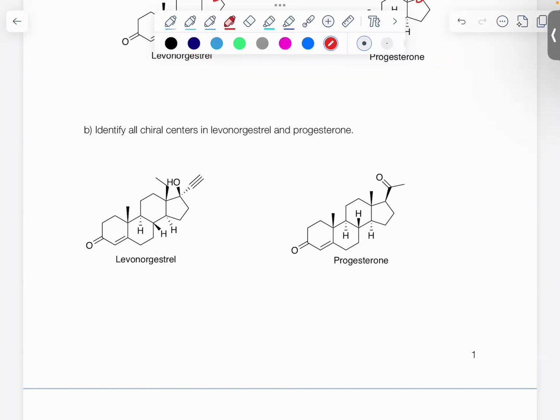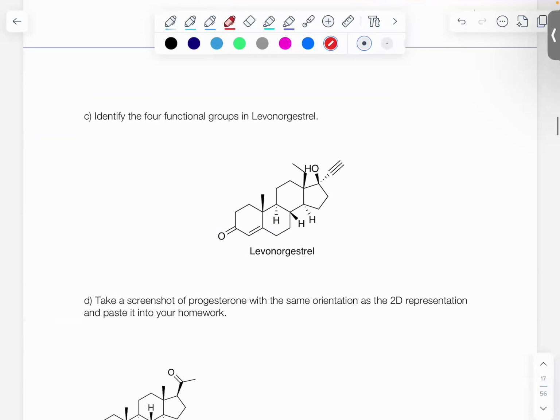So now looking at the chiral centers, again, we can use that arrow trick to help us identify those chiral centers. Looking for functional groups, we have the double bonded oxygen in the middle of a carbon chain. So that is a ketone.